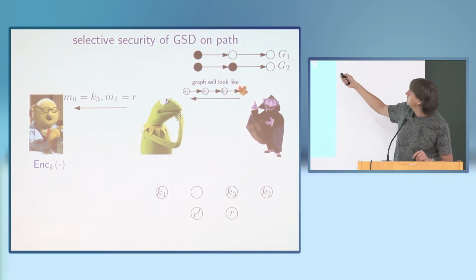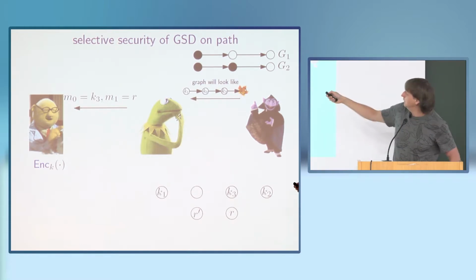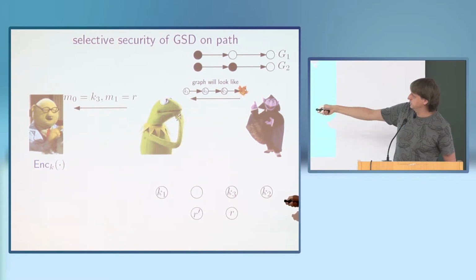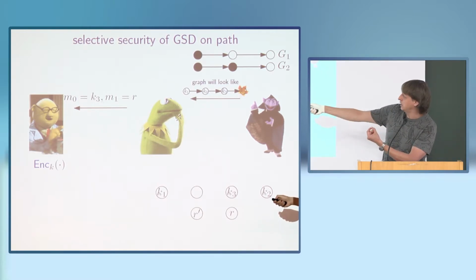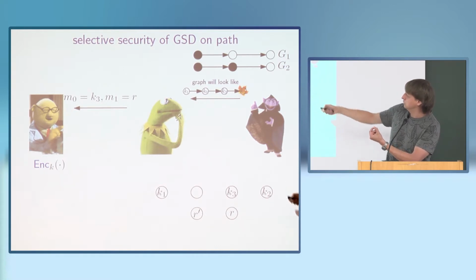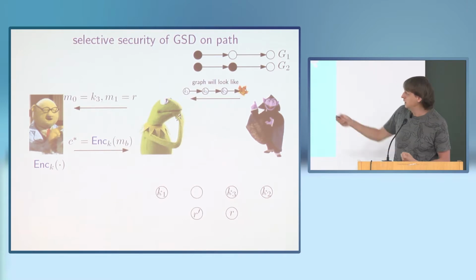And also for each black node, he also samples some random nodes. Then he asks for the challenge of this encryption scheme. And what he asks for is, he says, look, this is the black node, encrypt K3 and R for me. So depending on the challenge bit of this challenger for the encryption scheme, he would either get an encryption of K3 or an encryption of R. Right? So this is this challenge ciphertext.